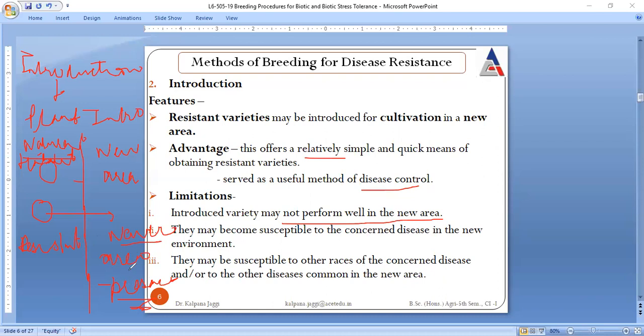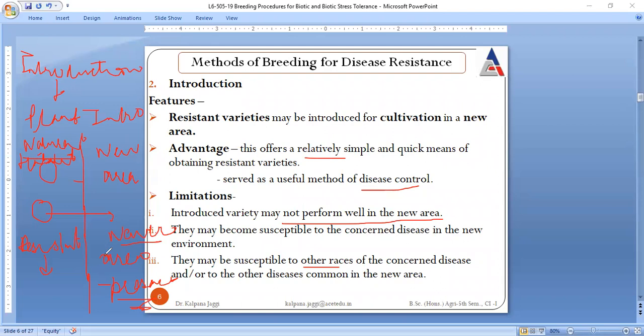And it is not always that only the concerned diseases are present here. Diseases that are related to other races may also be present here. So these three are the limitations when we transfer the resistant variety from its natural habitat to the newer habitat. First, as it was performing well in its natural habitat, it may not perform up to that level in the newer area.